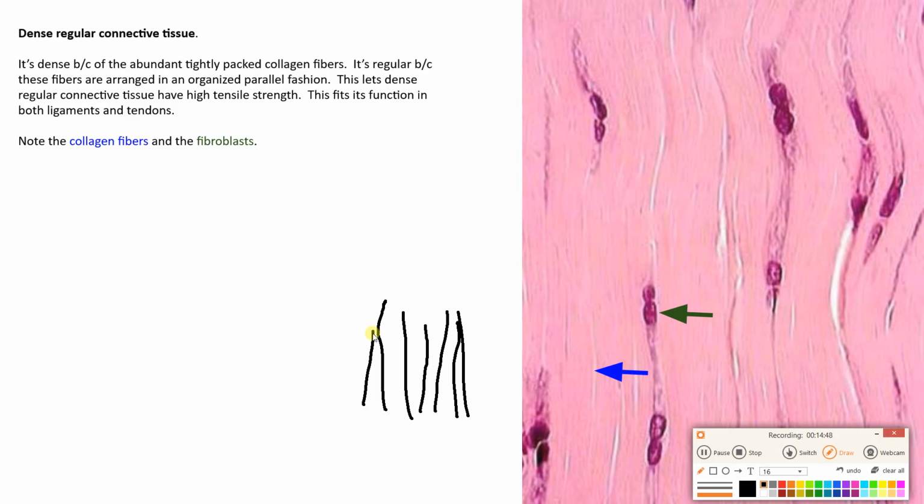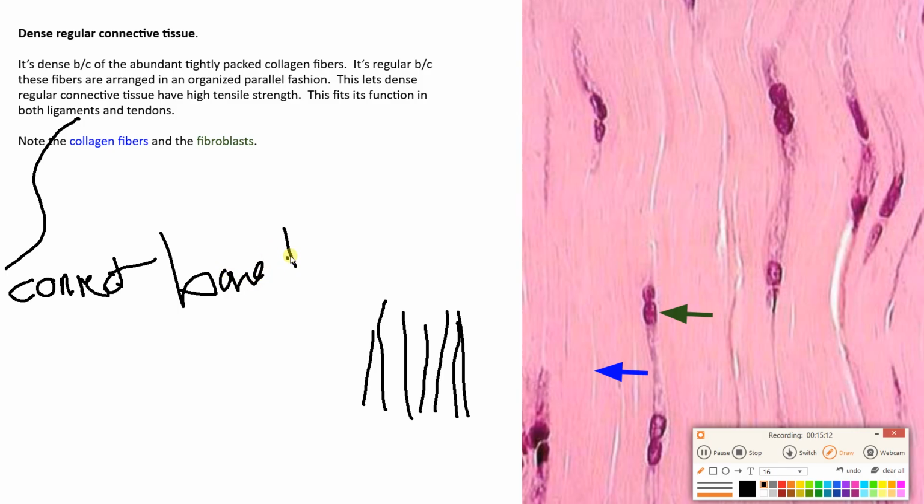This is going to give us a ton of strength along this direction. Lots of collagen arranged in the same way makes this tissue really, really strong. And this tissue is found in ligaments. Ligaments are going to connect bone to bone.